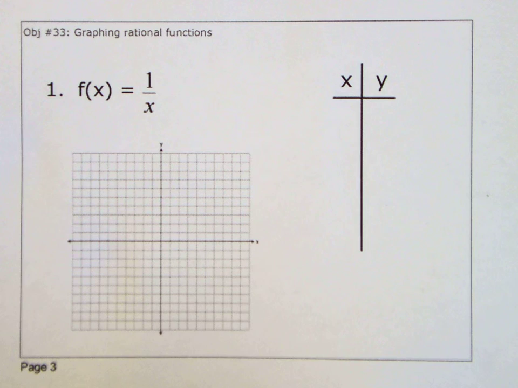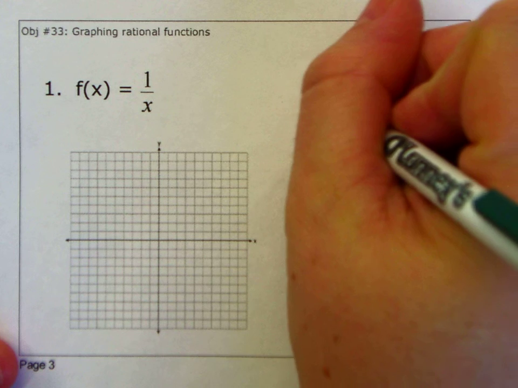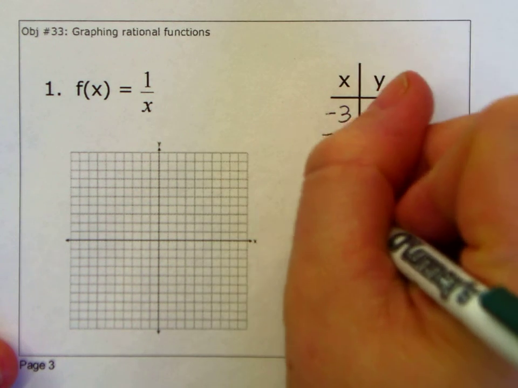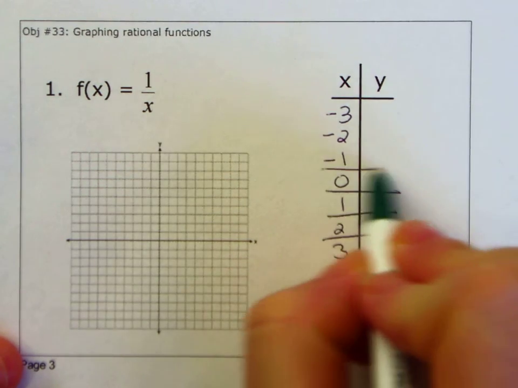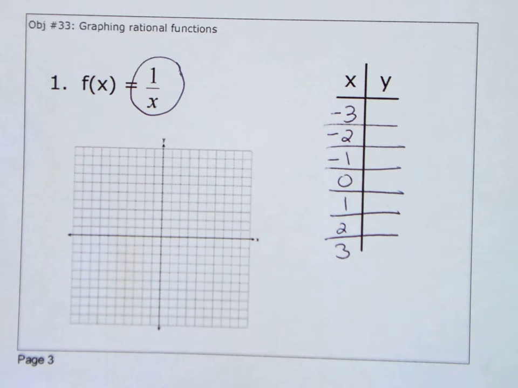All right, so let's start with our parent function, 1 over x. Whenever you have a new function that you don't know what it looks like, the best thing to do is plug numbers in. So let's plug in some numbers. I like to start with -3 to 3. That's what I always start with. So we're plugging into the function 1 over x.